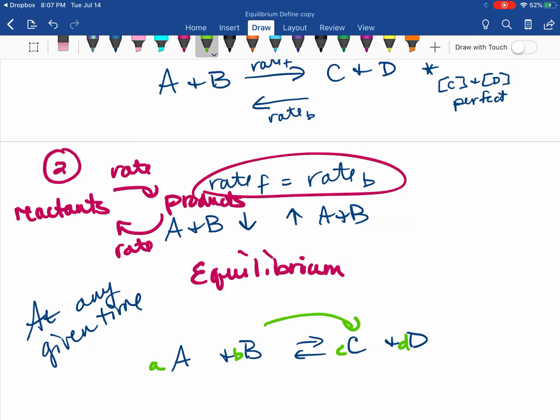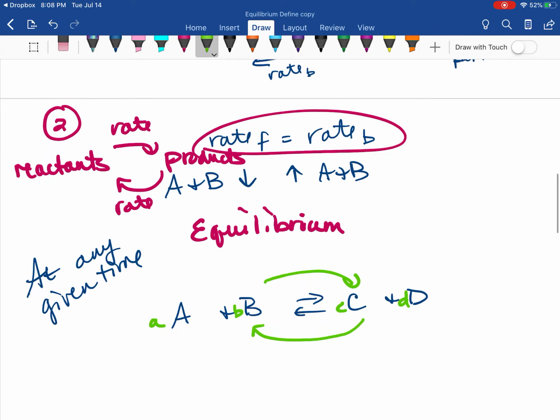You've got A and B turning into C and D, and then you hit just the right concentration of C and D, and now they start going backwards and forming A and B. And if those rates are equal, what do you actually see? Well, just like in our kinetics experiment, we had to have something we could see.